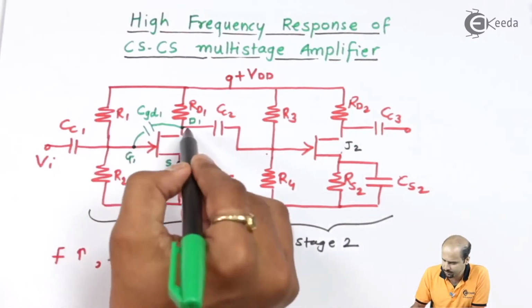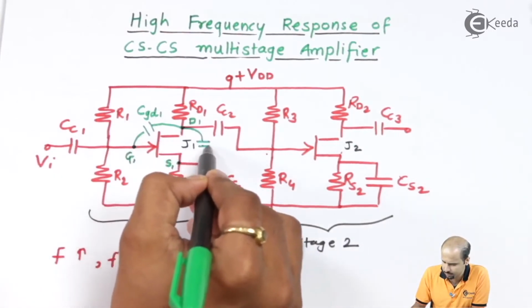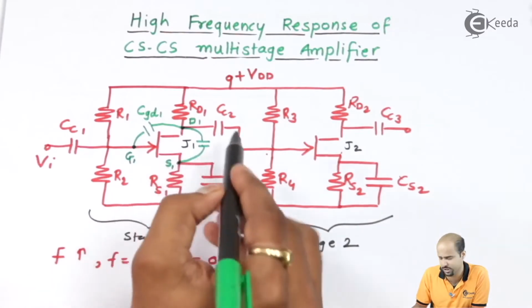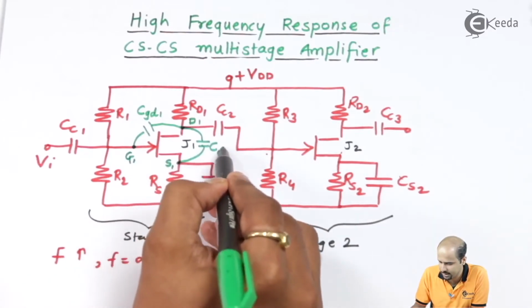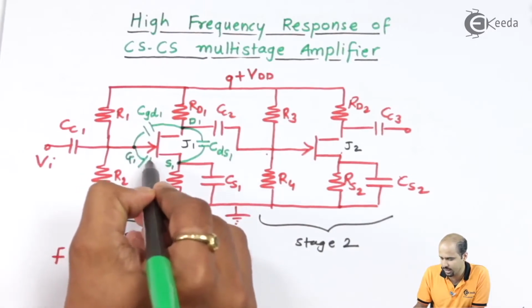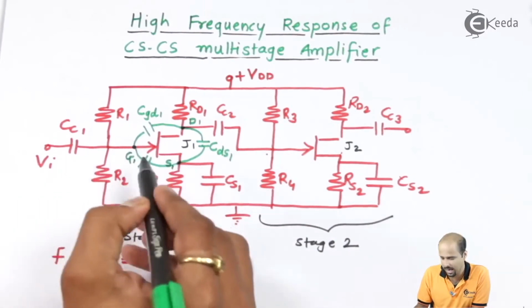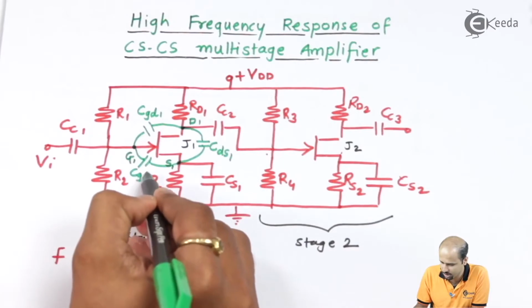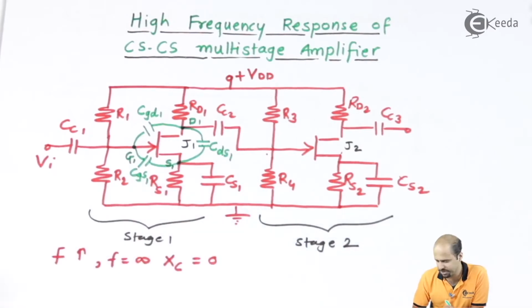In between drain and source for stage 1, I will get CDS1. Similarly, for gate and source for stage 1, I will get CGS1. Very simple. Now we have to look at these capacitors.